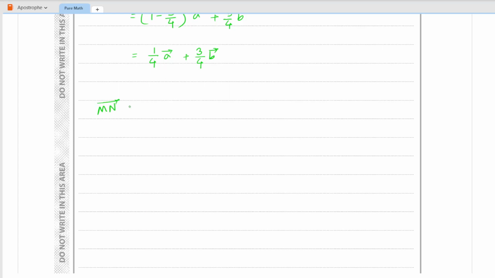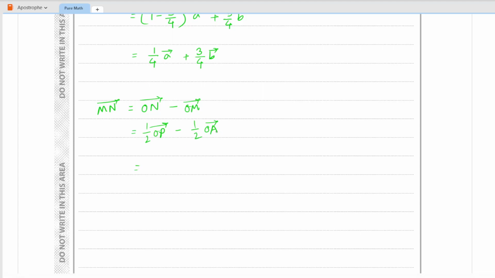MN is equals to ON, position vector of the final point, minus position vector of the initial point. Now ON is half of OP and OM is half of OA, if I'm not mistaken. Yes.